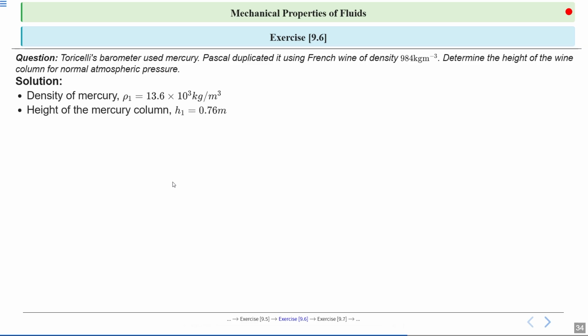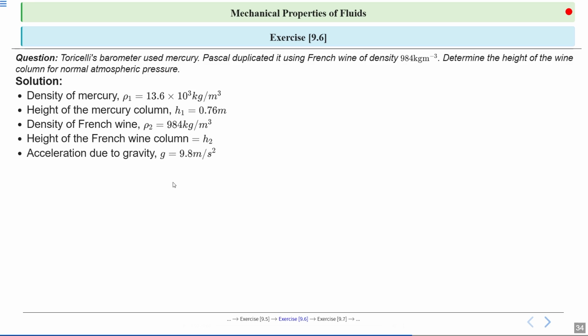Height of the mercury column, H1 equal to 0.76 meter. Density of French wine, ρ2 equal to 984 kg per meter cube. Height of the French wine column is equal to H2. Acceleration due to gravity, 9.8 meter per second square.